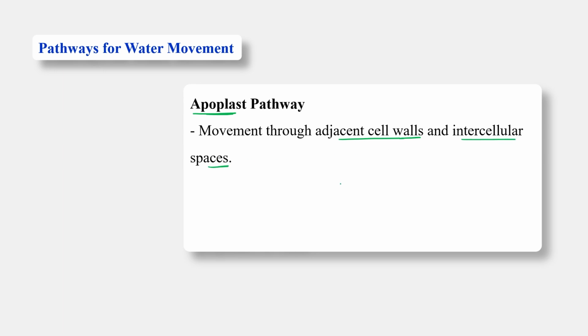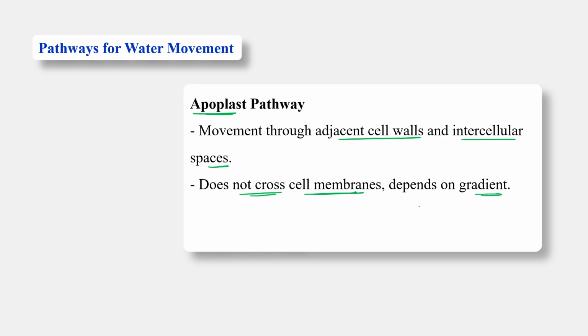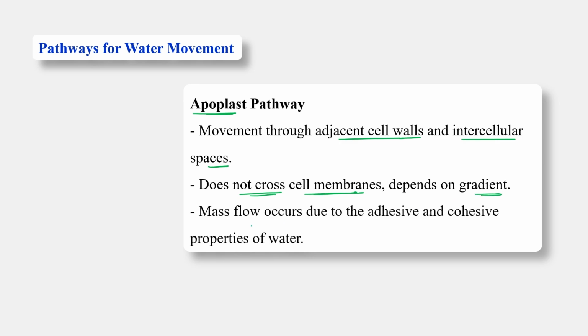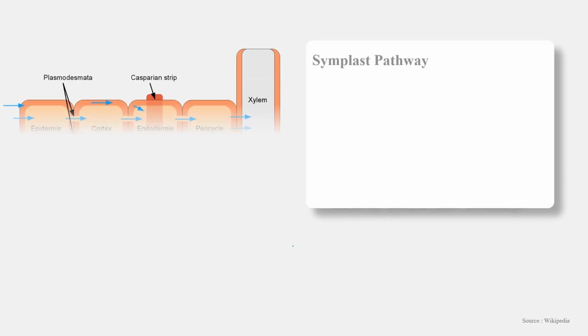Movement of water and other minerals occurs through adjacent cell wall and intercellular space through apoplast movement, but it does not cross the cell membrane. It depends upon the gradient. Okay, so mass flow occurs due to the adhesive or cohesive property of the water.